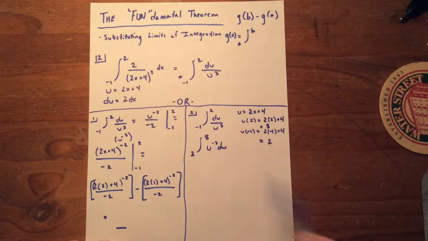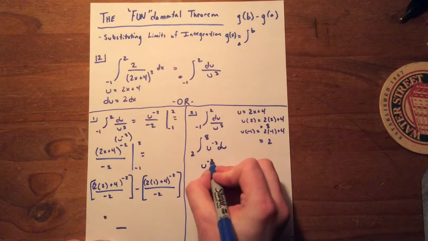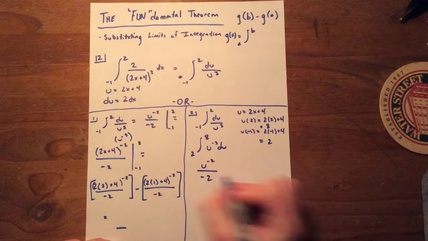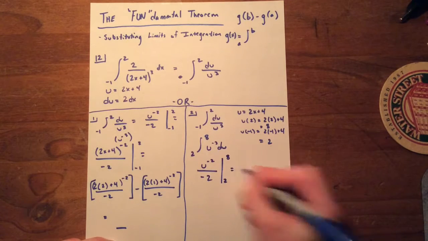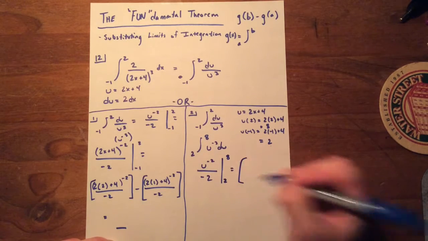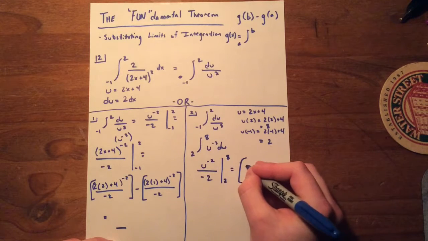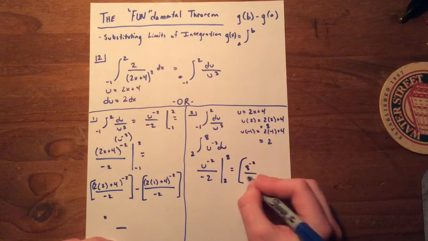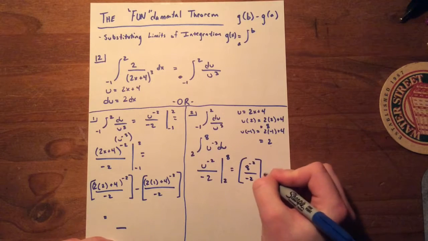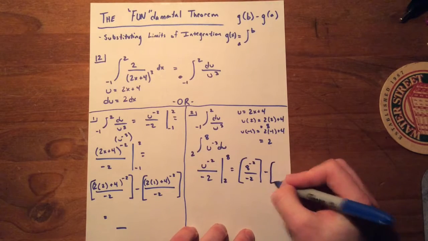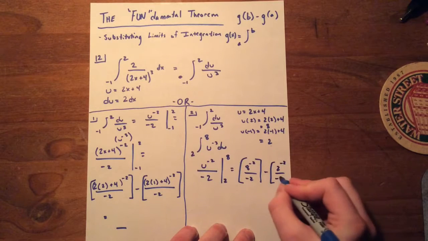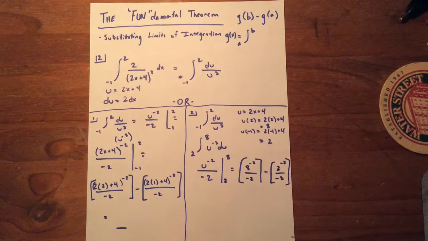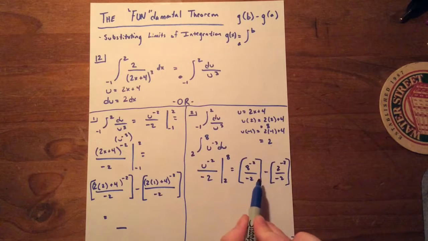Here what we can do is actually take the integral and say, all right, u to the negative second over -2, and I'm going to evaluate it at my new limits of integration. So basically all I'm going to have is 8 to the negative second over -2, and I'm going to subtract that with 2 to the negative second over -2. And this looks a lot easier to deal with.